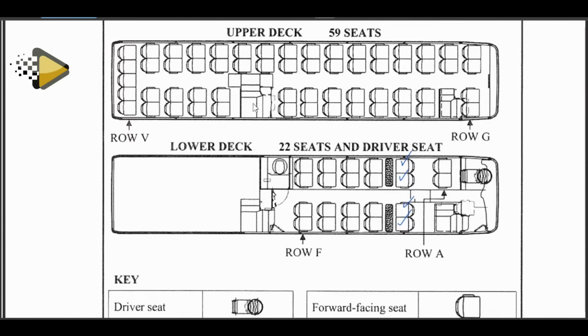How many seats are facing forward? We have 1, 2, 3, 4, 5, 6, 7, 8, 9. So that's 9 times 2.